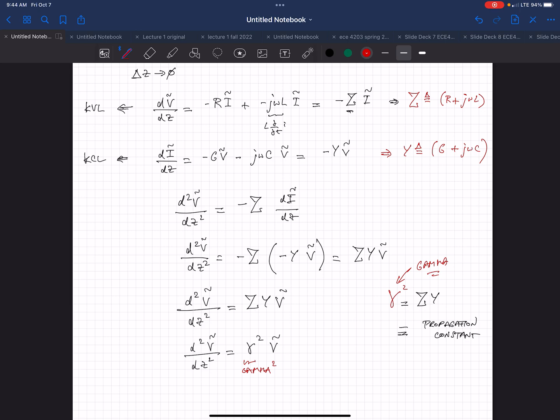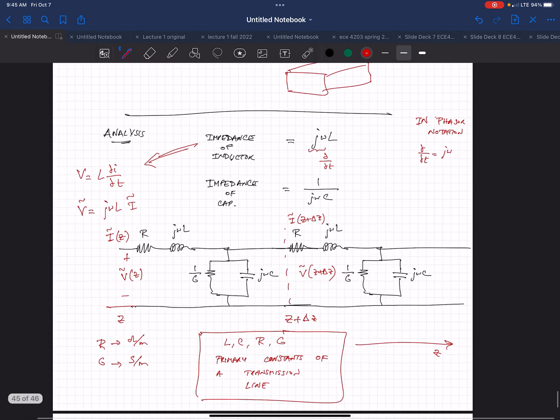I think I missed what Y was. What Y was? Y was the effect of having some kind of a resistance in parallel with our capacitance.